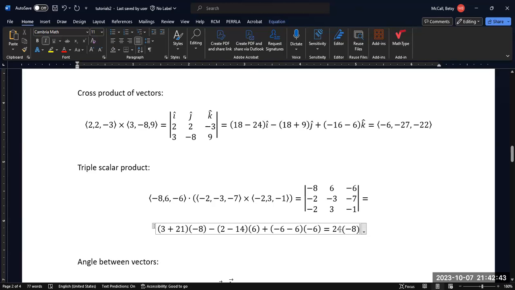And then minus 2 minus 14 is going to be -12 times 6. And then -6 times, and -6 is -12 times -6. 24 times -8.